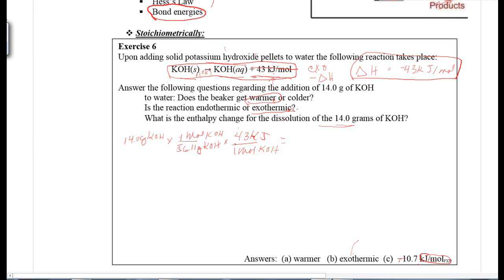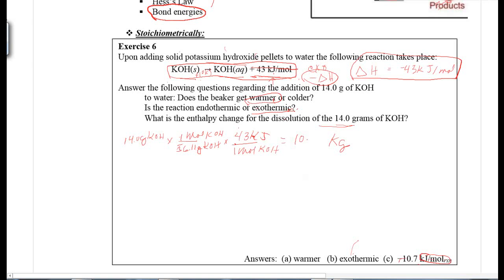And when I do all my crossing out to cancel units, I end up with an answer in kilojoules. And now when I do all this, you've got to be careful. When I do all this, I get a positive number in my calculator, but I've got to recognize that I've already established that my answer is going to be negative, because heat is being lost, so I can put this in here as negative, but I've got to remember to do that.